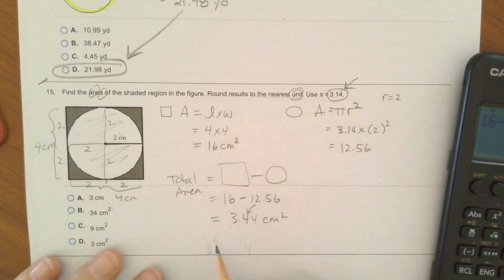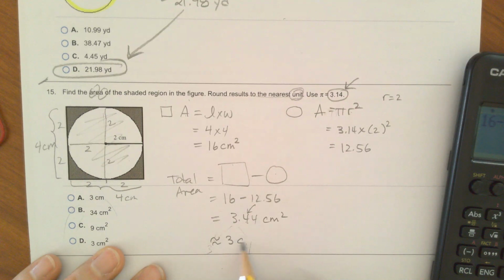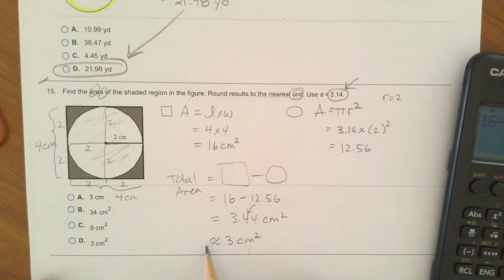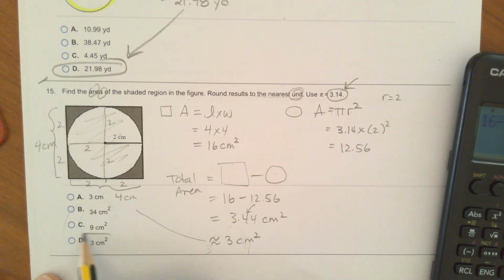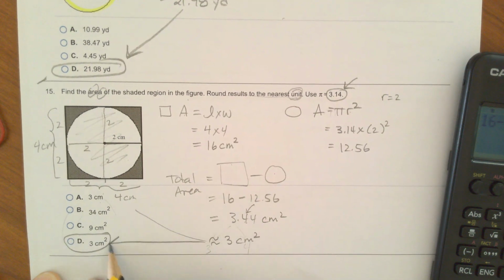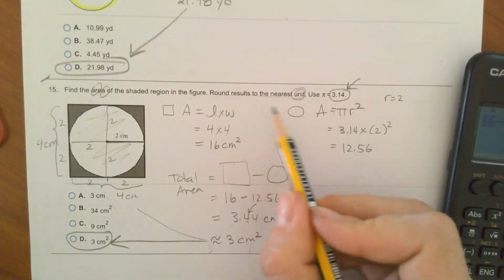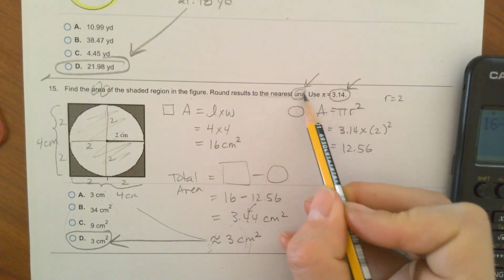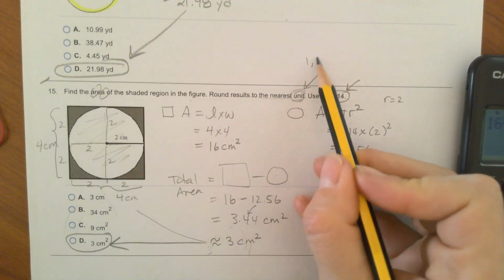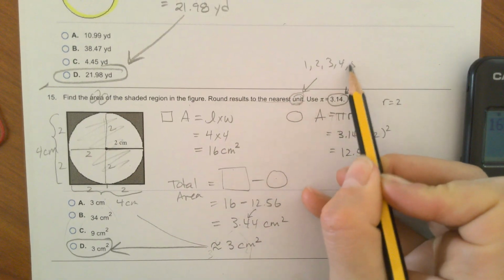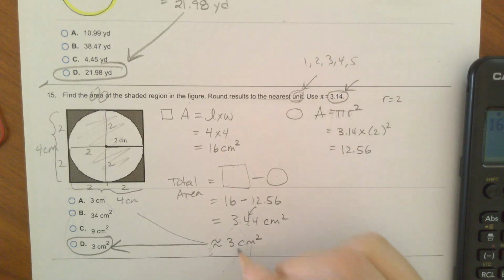So I'm going to say this is approximately 3 centimeters squared. So that was tricky because you had to read the instructions to say round it to the nearest unit. Unit means whole number, so like 1, 2, 3, 4, 5, whole number. Okay?